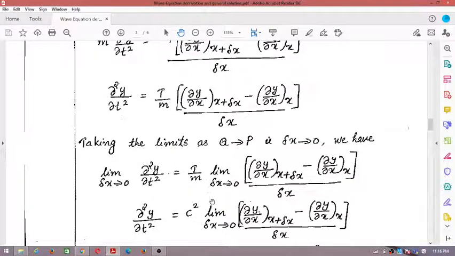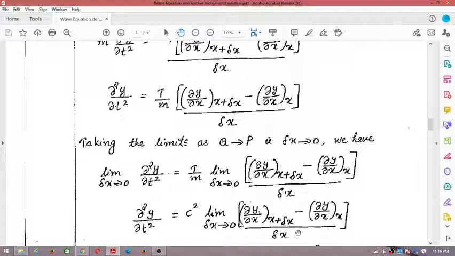If we take T by m as a constant, say c squared, since there is no x on the left, the limiting value of the left-hand side is the same, so ∂²y/∂t² equals c squared times the limit as delta x tends to 0 of [∂y/∂x at x plus delta x minus ∂y/∂x at x] by delta x.